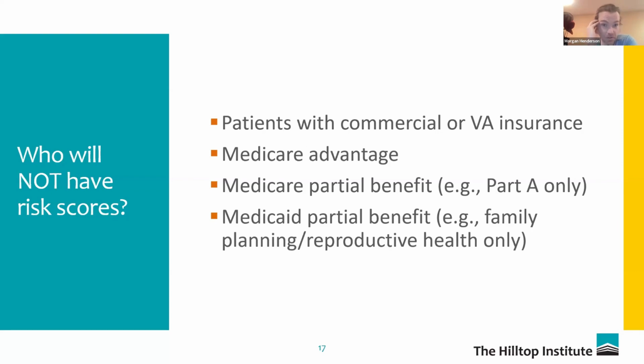If it's limited benefit, let's say family planning only or something like that, then we don't see that person's full picture of their claims history, so we can't make risk scores for them. So Medicare fee-for-service with A and B, and Medicaid, either managed care or fee-for-service full benefit. If there's a dually eligible person, we do make scores for them. They're included in the Medicare population.